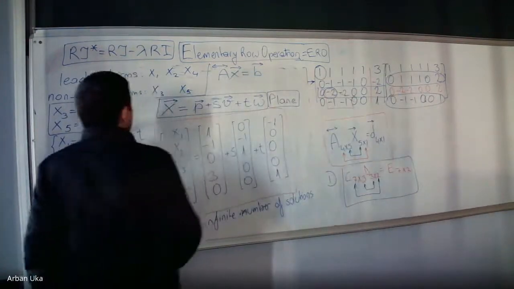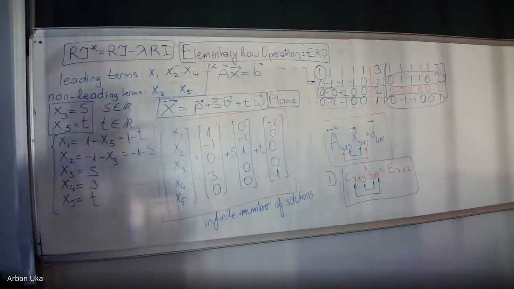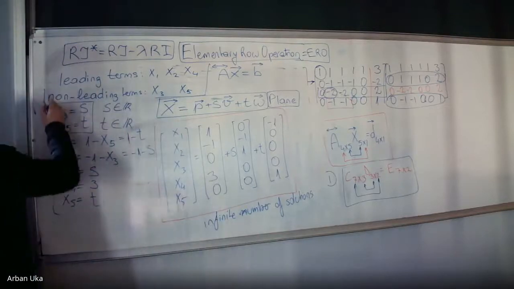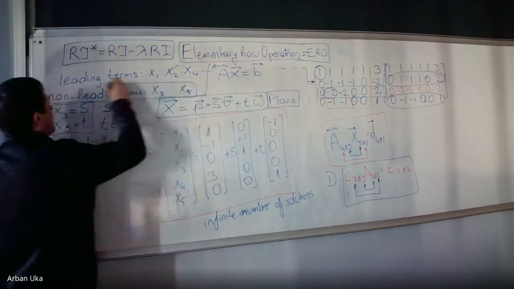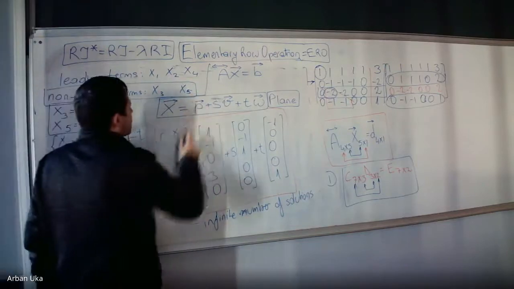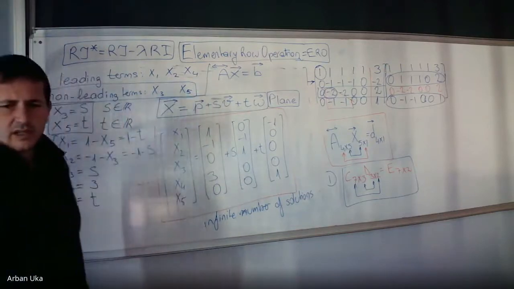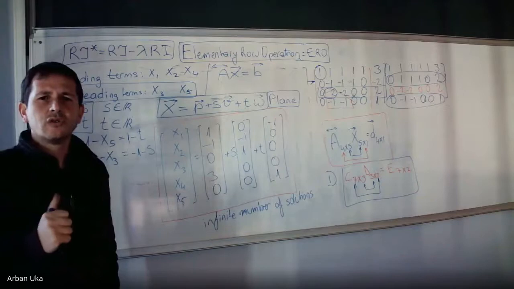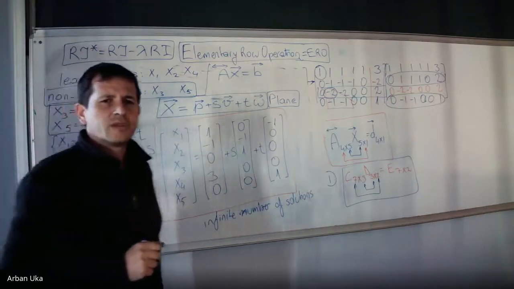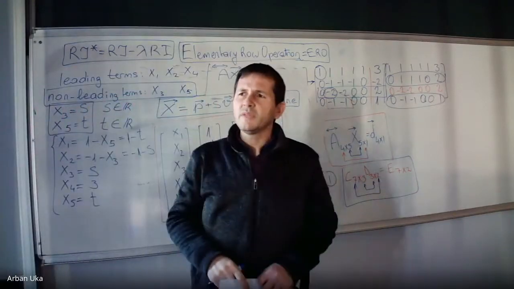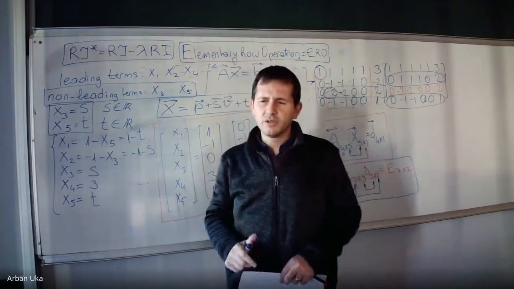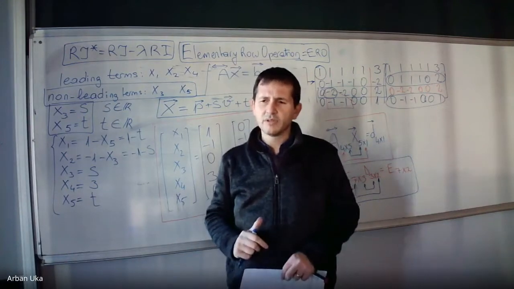And what is essential, which is very important, is the number of non-leading terms. So if we have x3 and x5, these really define the dimension of the solution. Imagine for a moment that we have three equations, three unknowns, and we get no free variables.